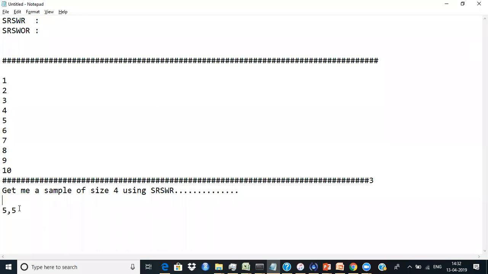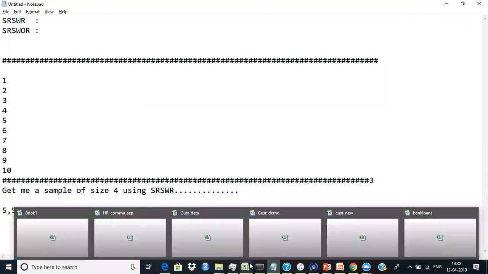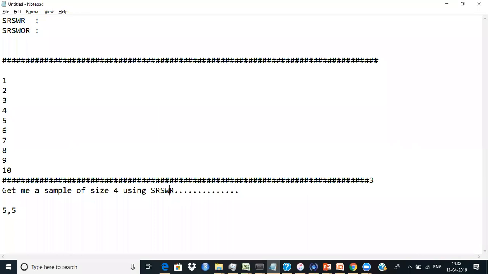Clear? Okay. Now, simple random sampling without replacement. So if I say, get me a sample of size 4 using SRSWOR, what you will do is you will go to the box, collect one ball, let's say it's ball number 6. After you have noted down the number, you do not put that ball back into the box.